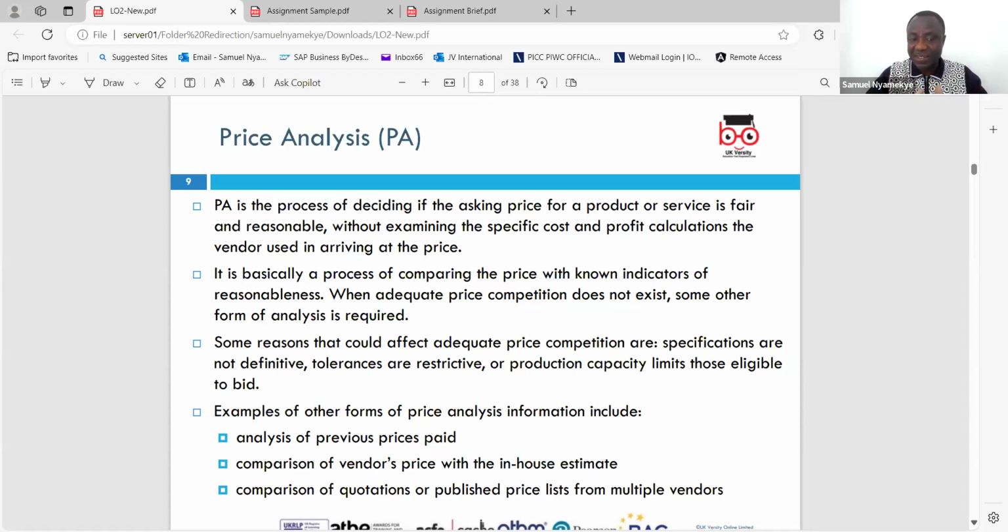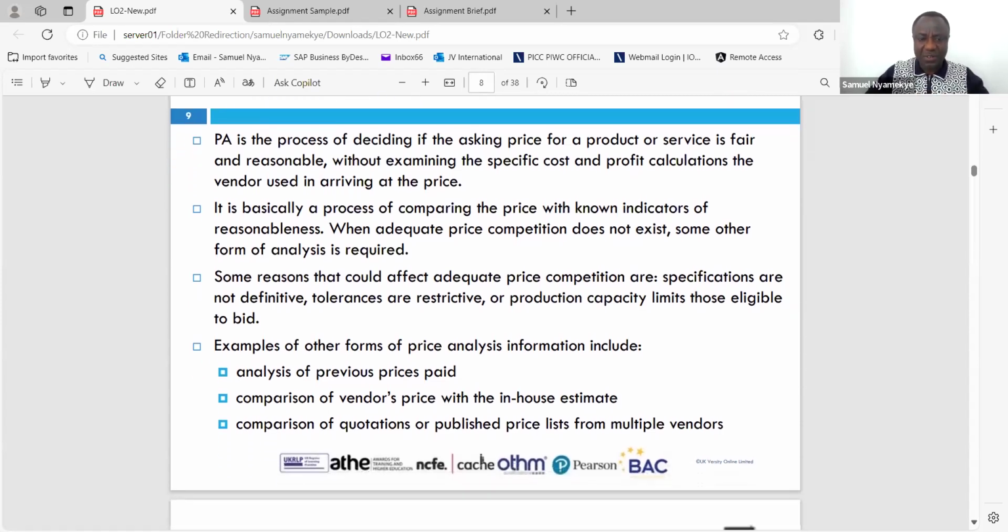If you begin to ask these questions, then you are moving away from just price analysis into cost analysis. Price analysis is the process of comparing the price with known indicators. Bought it before, or a friend said this is the price.